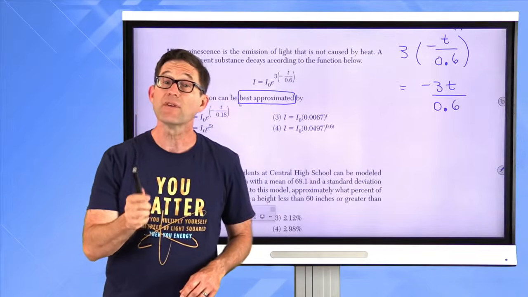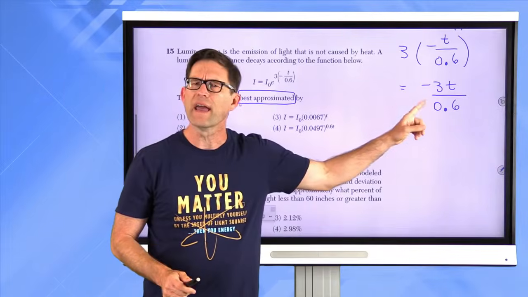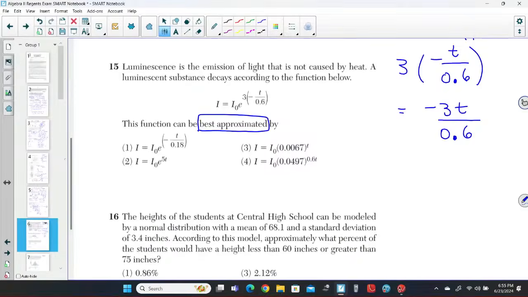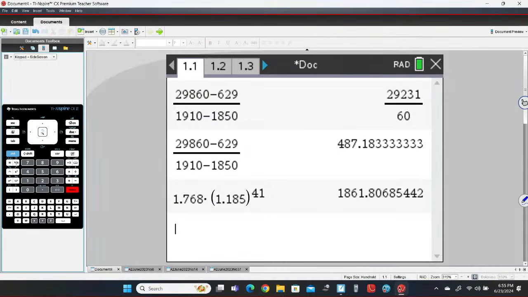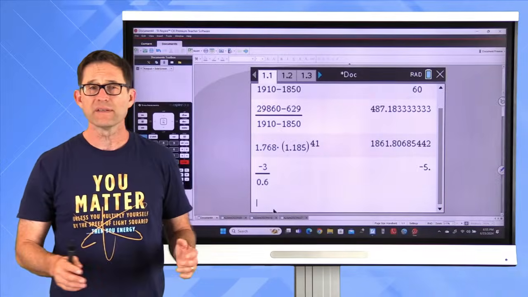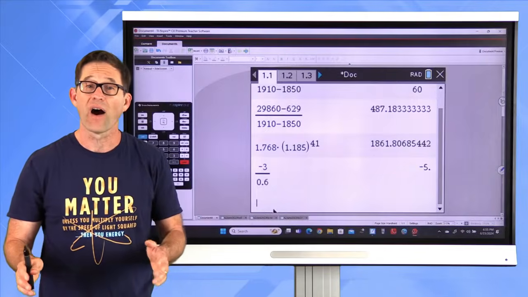But let's take it even farther than that. Let's figure out what negative 3 divided by 0.6 is, just in case you don't know off the top of your head. Negative 3 divided by 0.6 is negative 5.